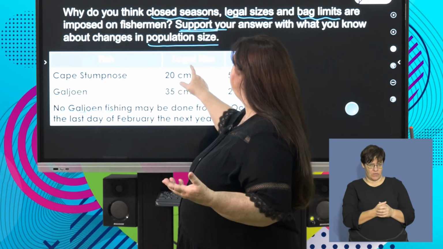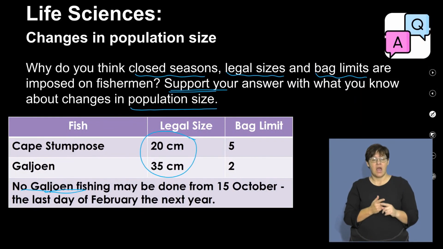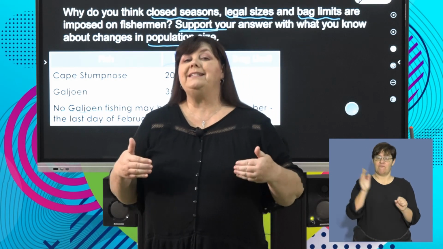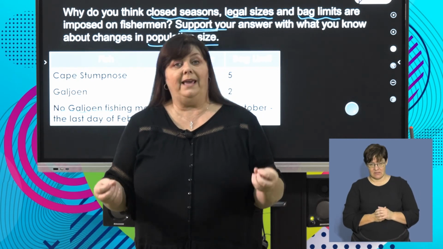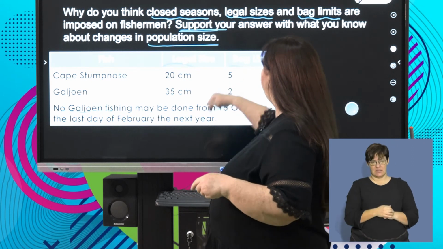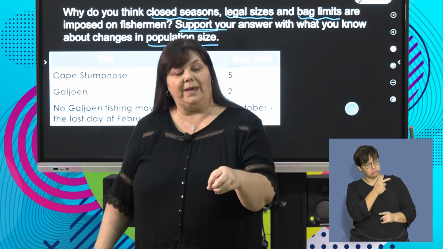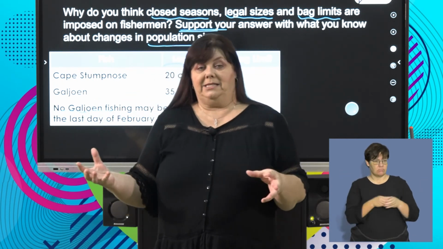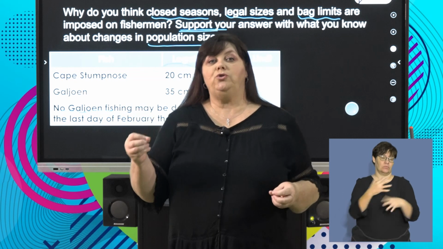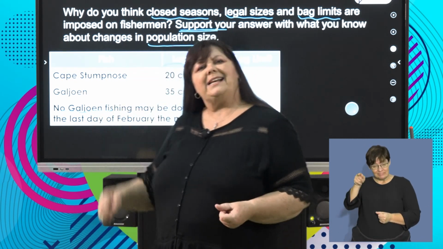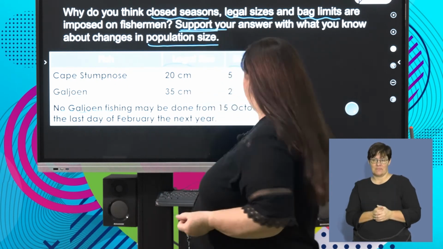We're also going to make sure that we only catch very mature fish, and we're not going to catch little babies or fish that haven't yet reached their sexual maturity for reproduction. And we're going to limit you in terms of how many you catch so that you don't deplete this particular population due to excessive mortality. This is the kind of question you can expect in exams and in tests.